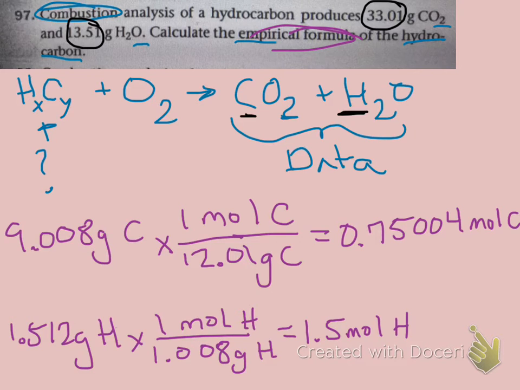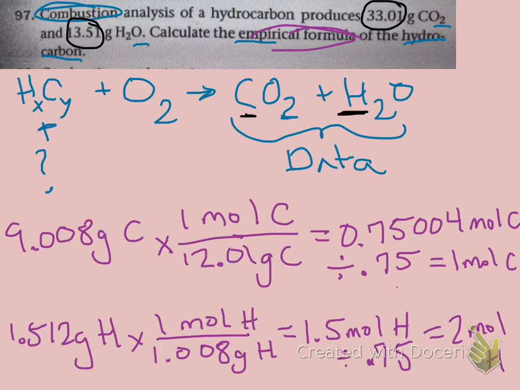After doing the math, we should get about 0.75 moles of carbon and 1.5 moles of hydrogen. We need to find the whole number ratio, so we're going to divide both by our lowest number of moles, which is our moles of carbon. That gives us about 1 mole of carbon for every 2 moles of hydrogen. Therefore, our empirical formula is CH2.